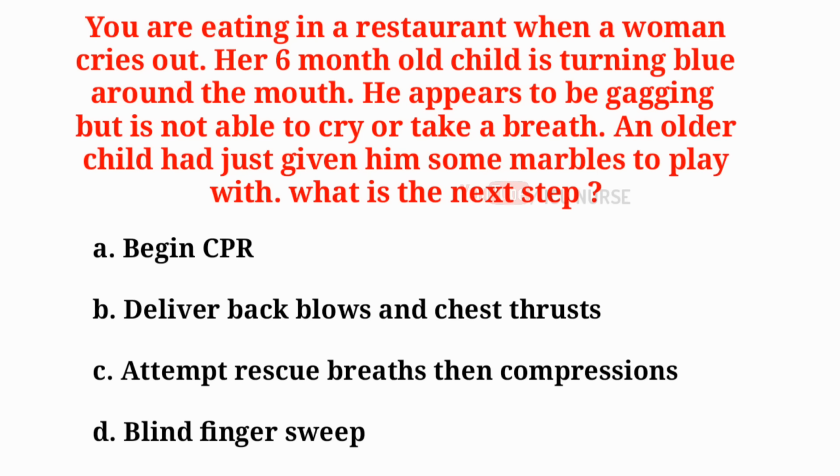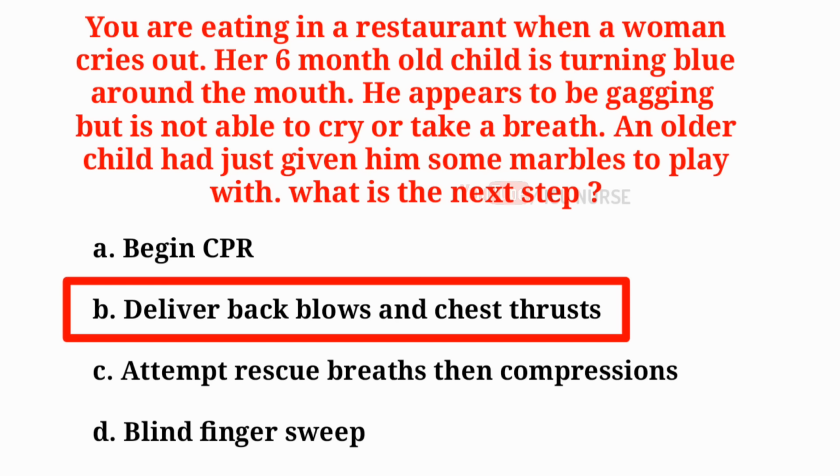A. Begin CPR. B. Deliver back blows and chest thrusts. C. Attempt rescue breaths, then compressions. D. Blind finger sweep. And the correct answer is B. Deliver back blows and chest thrusts.